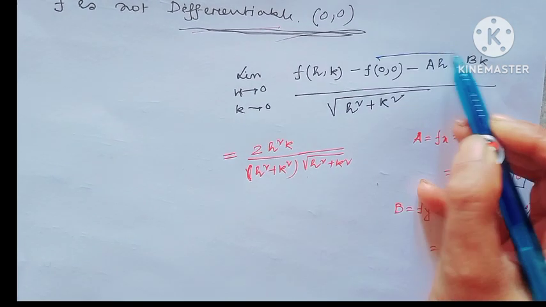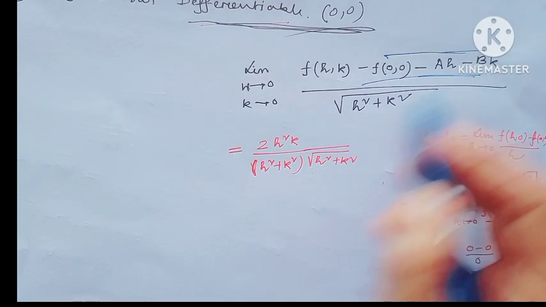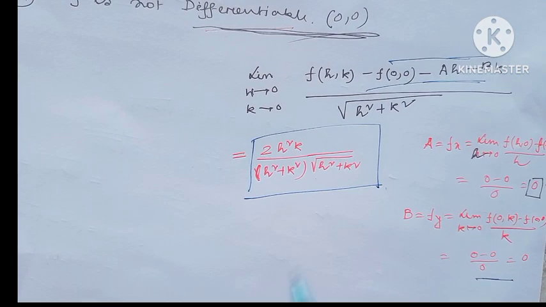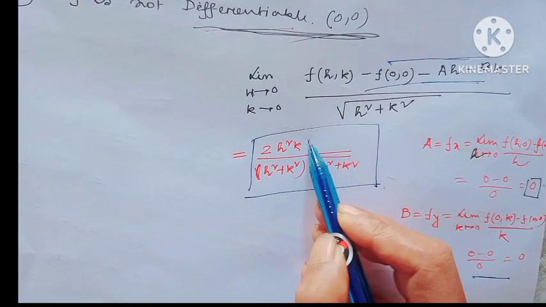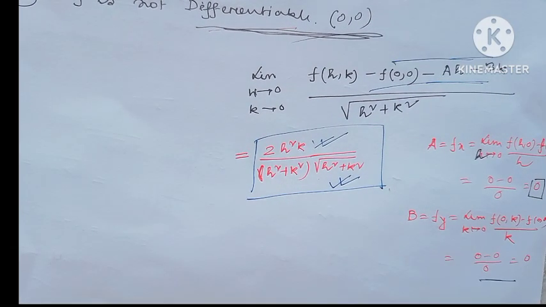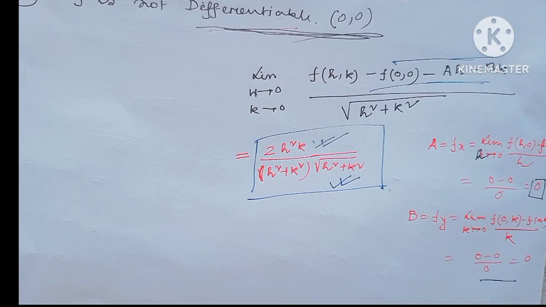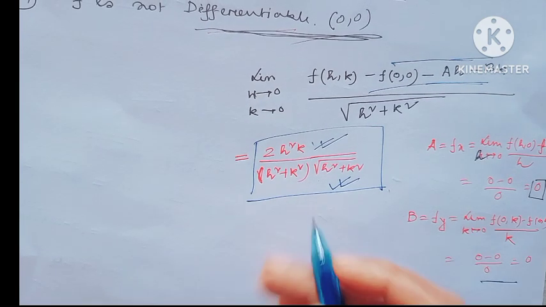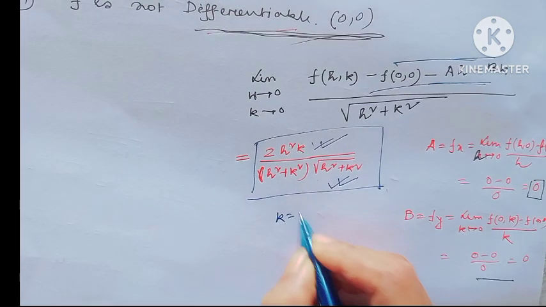Here all the other parts are 0, so only this part remains. Notice the degree of the numerator and the degree of the denominator are the same, so the limiting value does not exist here. Also, you can use k equal to mh.